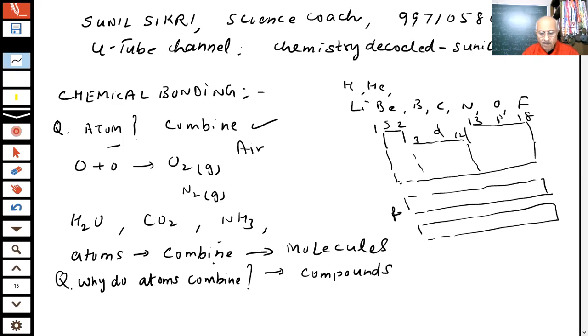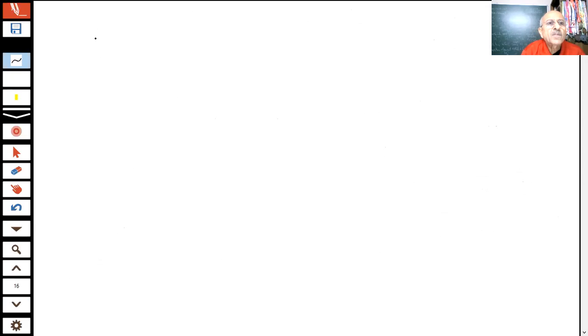The matter was studied by a number of scientists, and what they observed, students, you know, is that certain noble gas elements, you know the names of these: helium, neon, argon, krypton, xenon, radon.